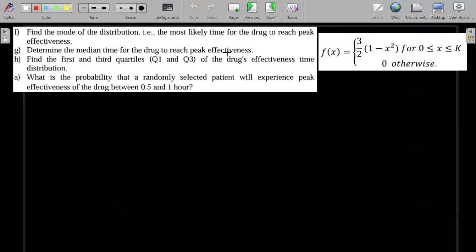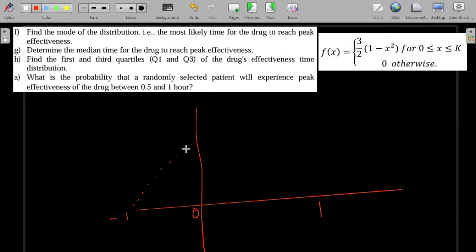We're still dealing with this same function, but now we want to find the mode. Remember, we said the mode is the value of x that gives this probability function the highest probability. We can get that from the graph. Remember the graph that we had here. We had 0 and then 1. The graph came from minus 1 like this, and then it went like that.